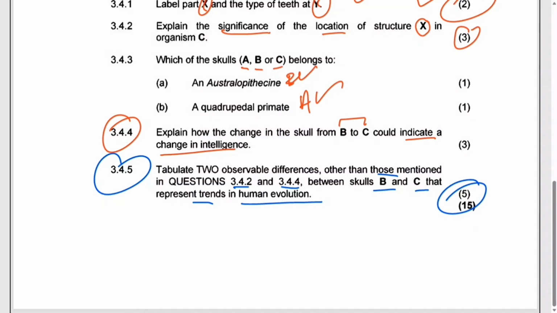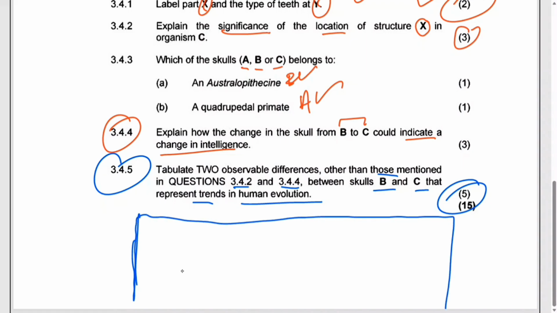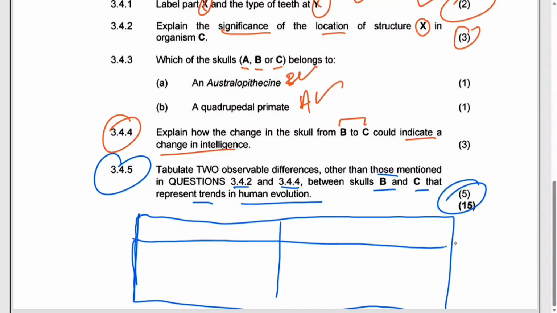Since this is a tabulation question, there is a mark for drawing a table. You draw a table, then write skull B, skull C, and you get at least one mark. Those marks, guys, you should take them.